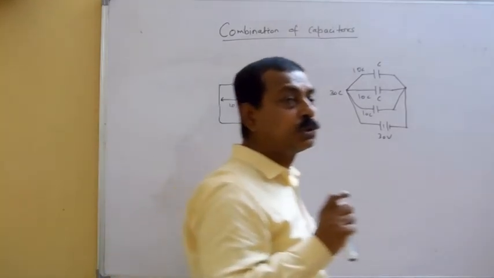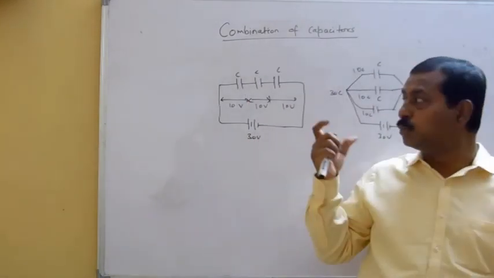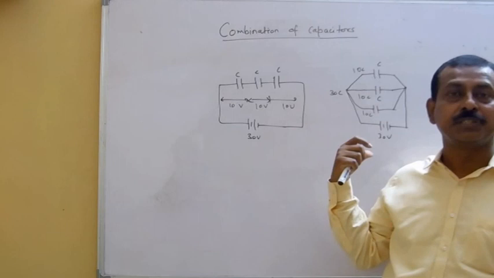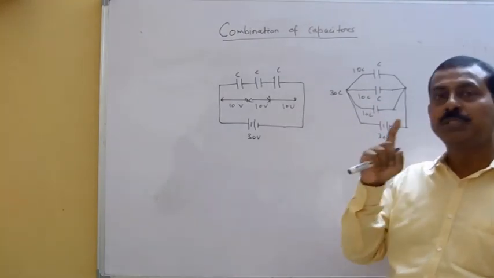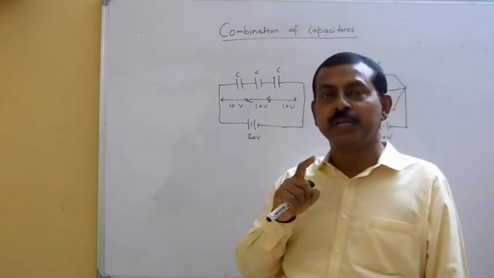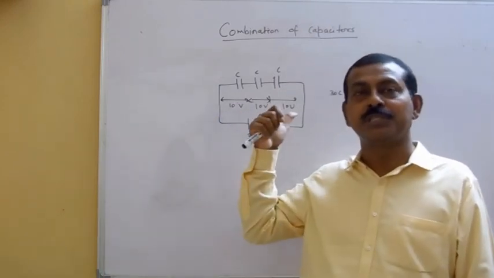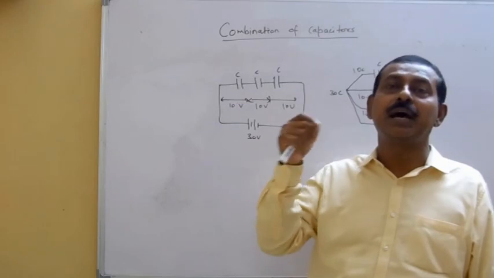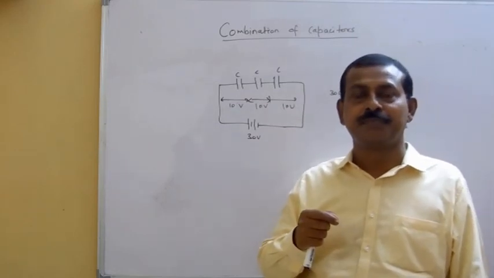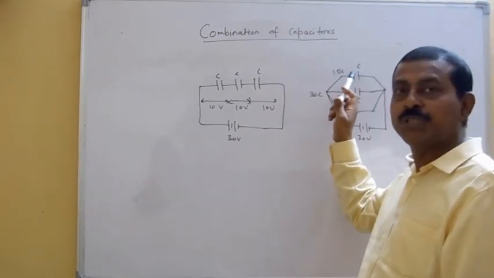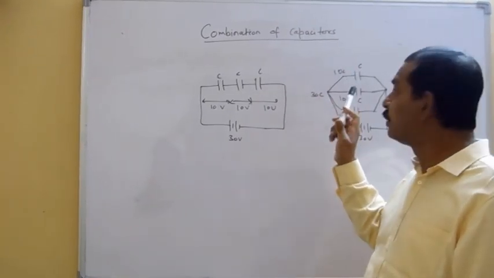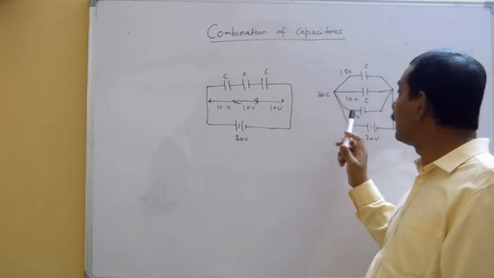So what we should try to use for identification, basically you should say if the same charge is flowing through all the capacitors, then they are in series. Now here you can see it is not the same charge which is going through first capacitor and second and third.